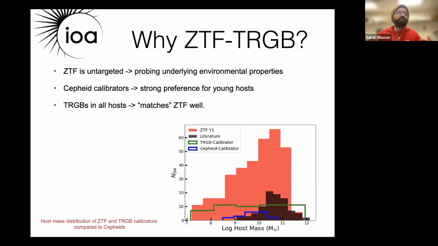This is also important because the TRGB is a distance measure that is in the outer halos of galaxies. So we can test things like whether or not the impact of crowding and blending or extinction is something that is causing any sort of strong systematic shifts. This has been tested in the literature with Cepheid calibrators. The aim here was to test it with independent distance measurements.